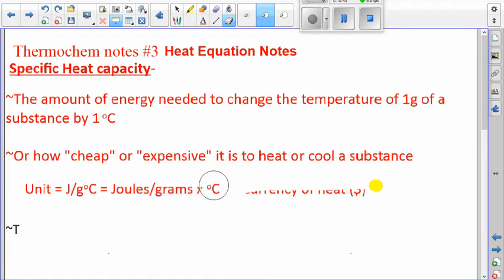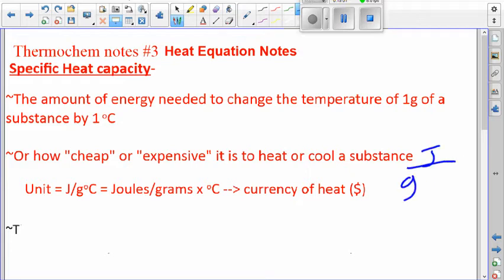And I'd like you to think of this as sort of the currency of heat. You don't have to write this in blue, but here's what I mean by the units. Joules over grams times degrees Celsius. Those are the units.